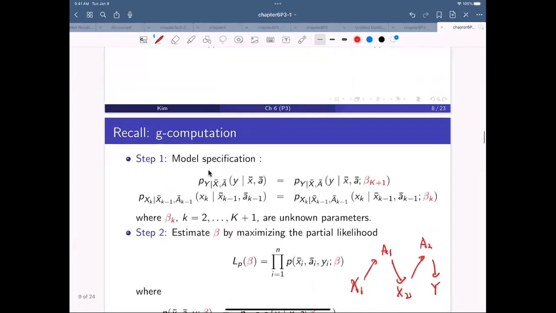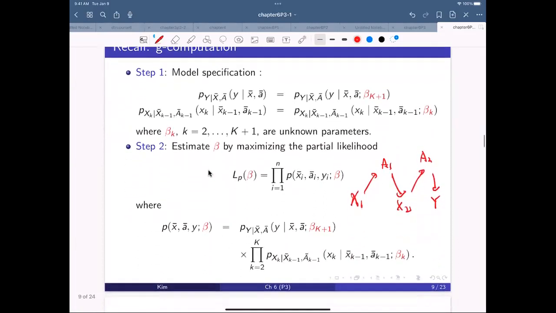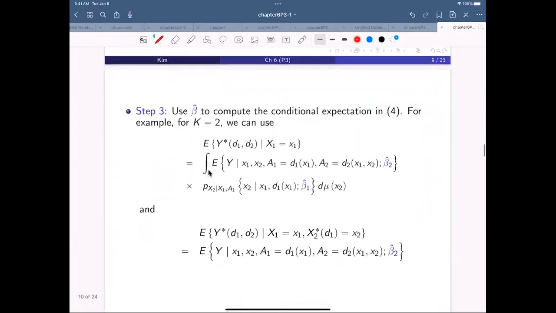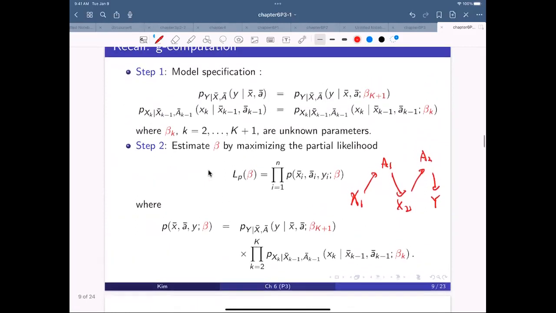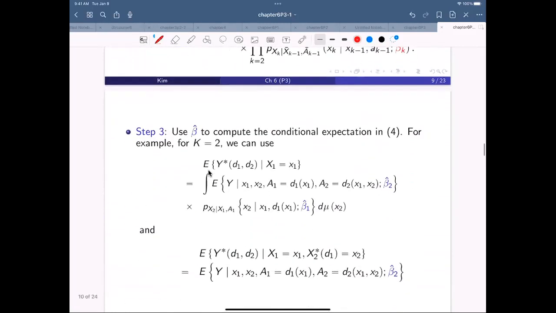The basic idea of G computation is that you can identify the conditional distributions, and once you obtain the parameters, you can estimate all the conditional distributions.